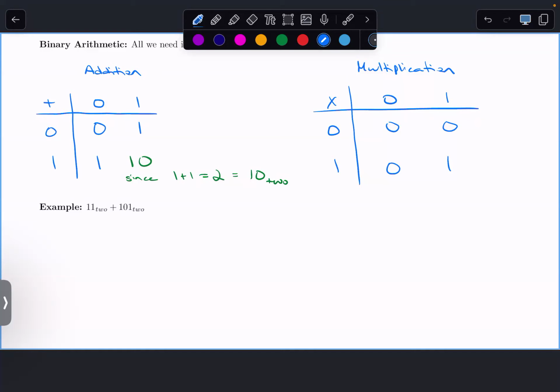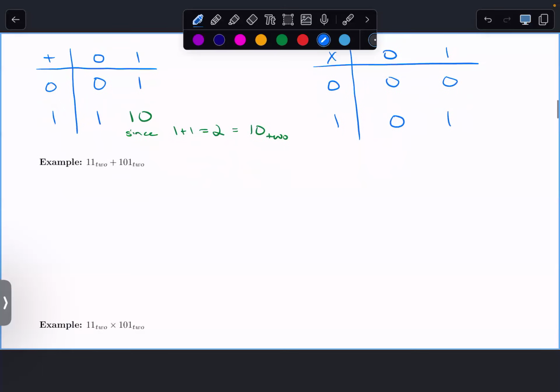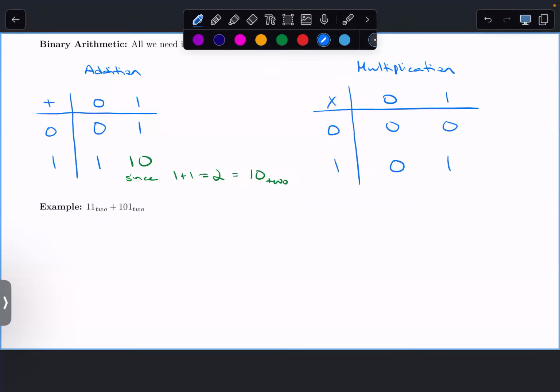So we can use these to do some examples, right? So here, nothing crazy is going on. Let me just, this looked like it slipped down a little bit. Still not that nice. It's just that 1 plus 1 is 1, 0 base 2.